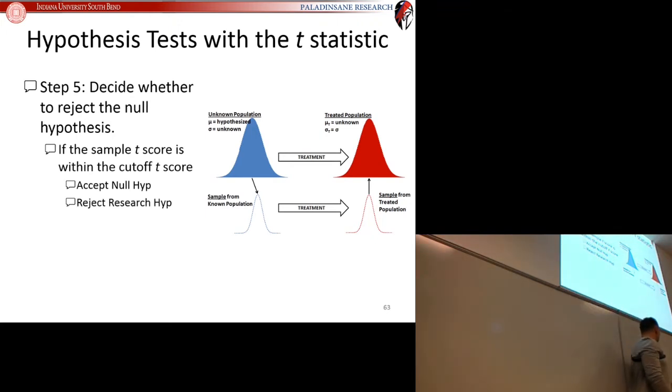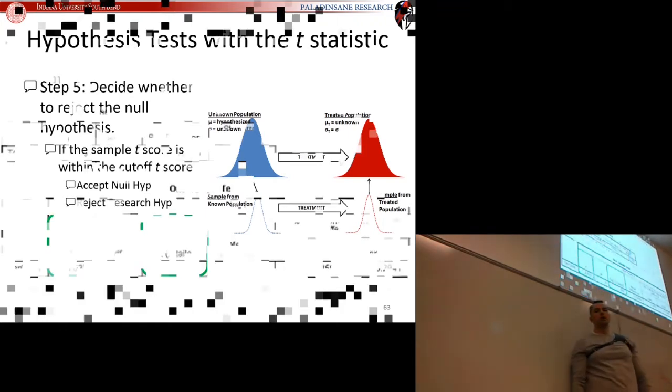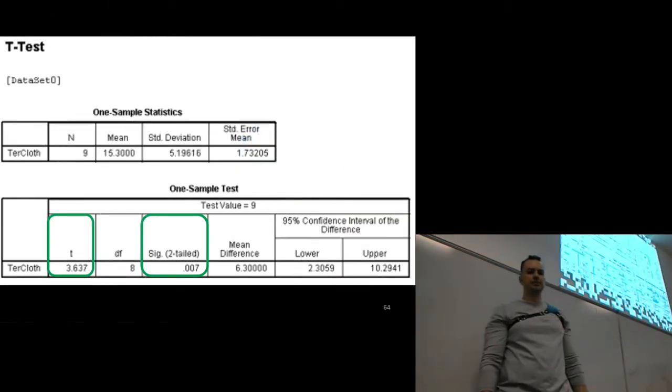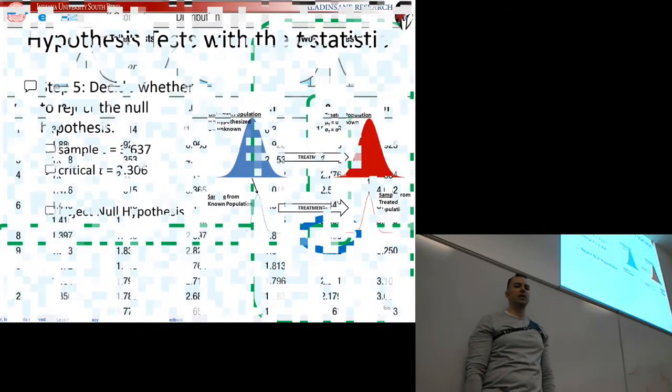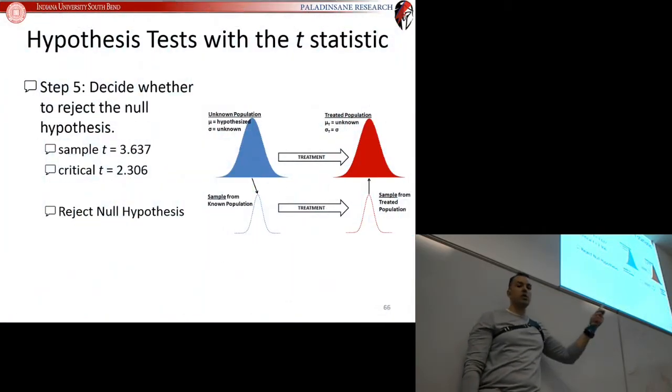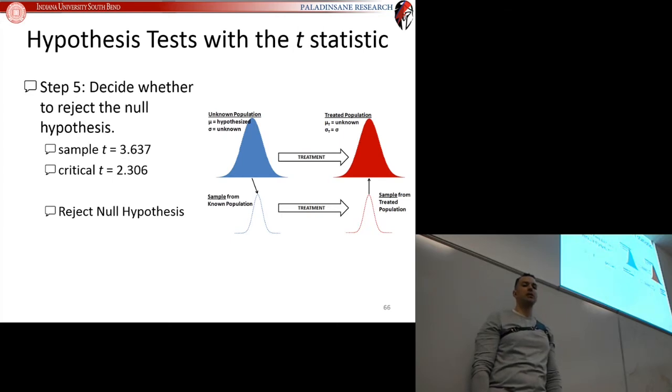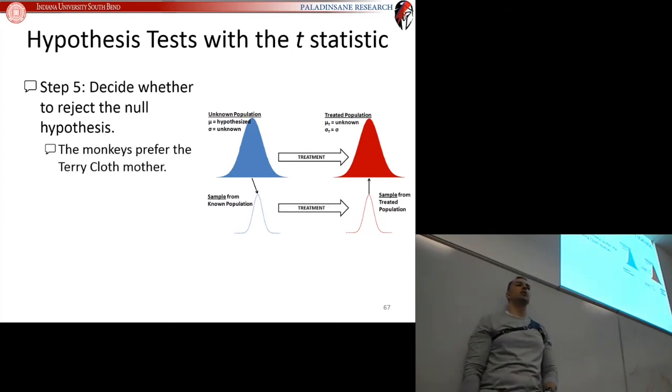So if these monkeys ended up somewhere in here, that is what we would do. But they crossed over and passed by this critical value here. So we reject the null hypothesis, and we conclude, once again, that monkeys actually do prefer the terry cloth mother.